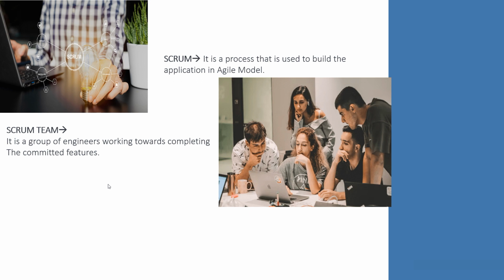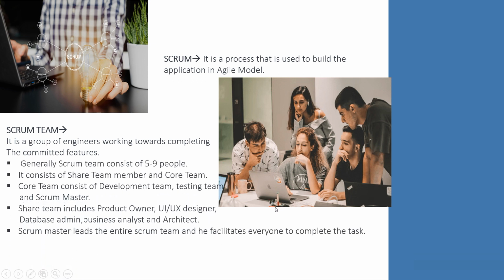Core team consists of development engineer, test engineer, and scrum master. Shared team includes product owner, UI UX designer, database, business analyst, and architect. And Scrum Master leads the entire Scrum team, and he facilitates everyone to complete the task. This is all about Scrum team.